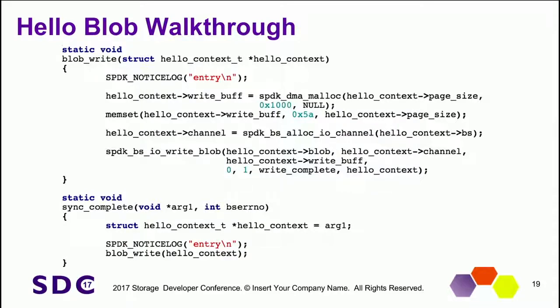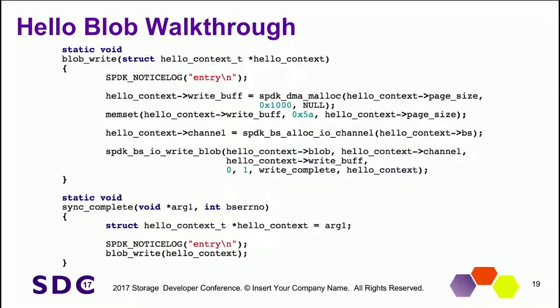And then what our example does first is we're just going to go write a data pattern, to show you how to write to a blob. And you can see it's also mind-numbingly simple. We do have to use the SPDK memory allocation routines because this needs to be DMA safe memory. We're going to be giving this buffer directly to the hardware, right? So it obviously can't be paged out in the middle of a DMA, that'd be bad.